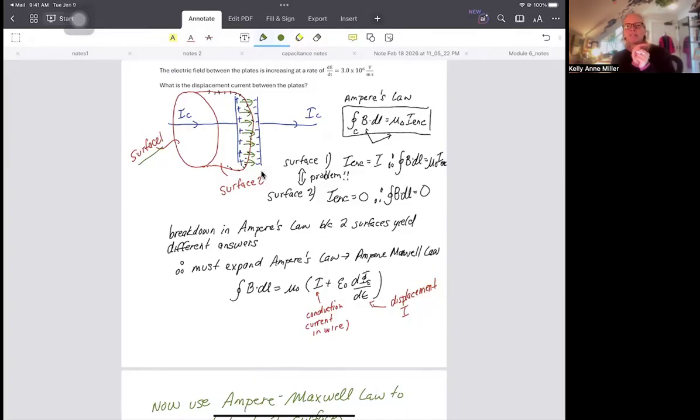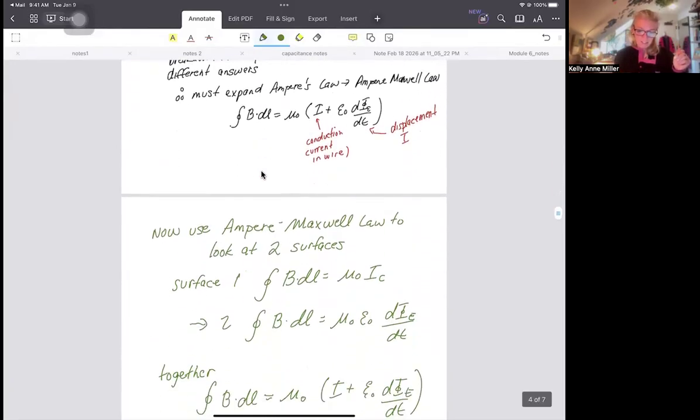I put a little section on collage giving an overview of those equations. We've now covered all of them, so you can take a look at the summary I made of what Maxwell's equations are. But this is the last one, basically: this amendment to Ampere's law that allows us to correct for displacement current.